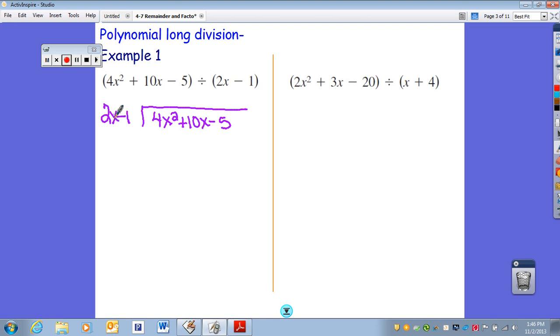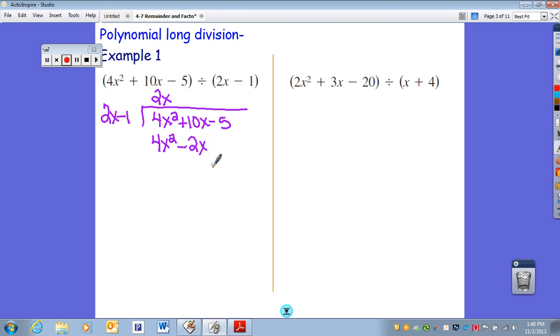So I ask myself, what can I multiply times 2x to get 4x squared? I can multiply it by 2x. So now I'm going to take 2x times 2x, which gives me 4x squared, and I'm going to take 2x times negative 1, which gives me negative 2x.